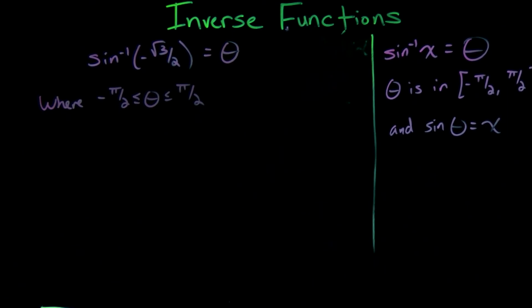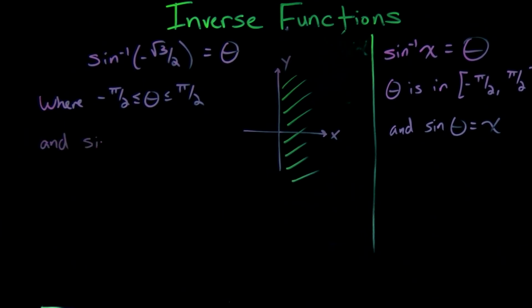Theta's got to be between negative pi over 2 and positive pi over 2. Okay, so that means that our angle has to be somewhere in the fourth or first quadrant, and the sine of theta is negative square root of 3 over 2.